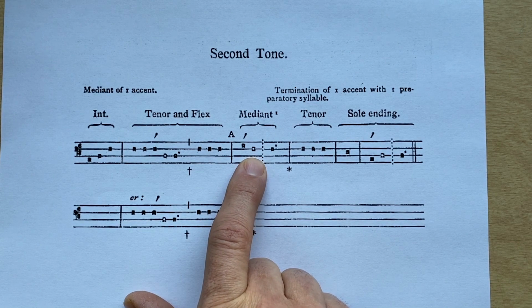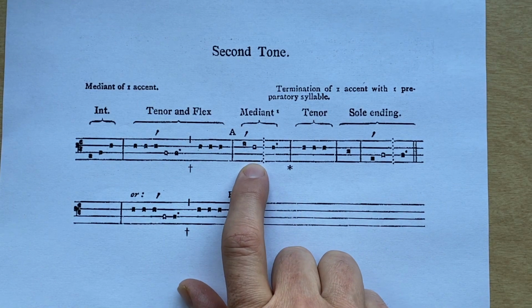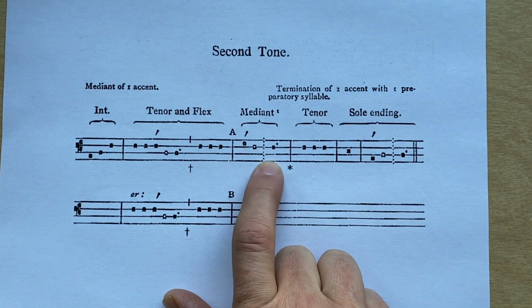Now, when we were pointing this psalm, as I hope you remember, at the end of the first half of any particular verse, there was an asterisk in the pointing that we did. That asterisk tells you where the mediant is.